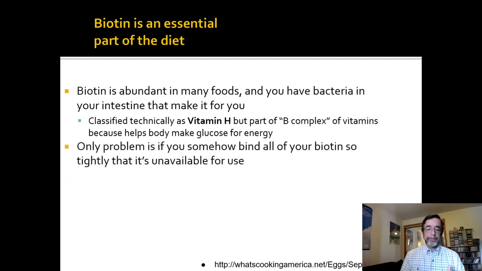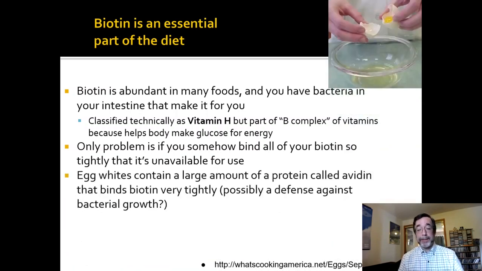The one thing that can happen is not getting enough biotin, but eating too much of the thing that binds biotin. Because things need biotin, they make a protein that binds biotin very tightly. If you eat too much of that protein, you can have enough biotin, but it could be covered up by this biotin binding protein, which is called avidin because it is so avid in binding.